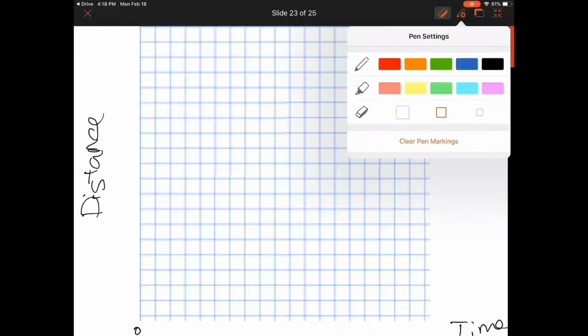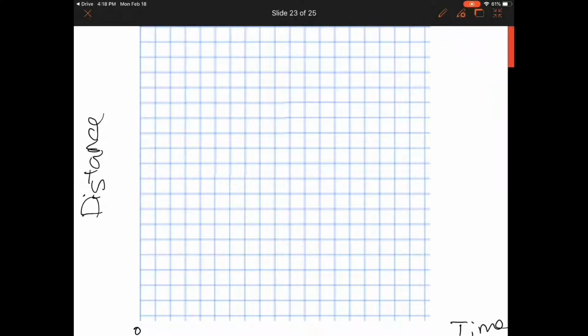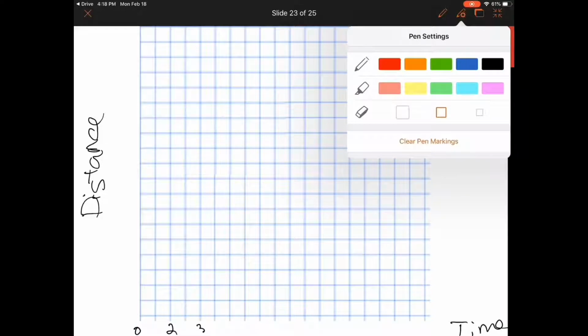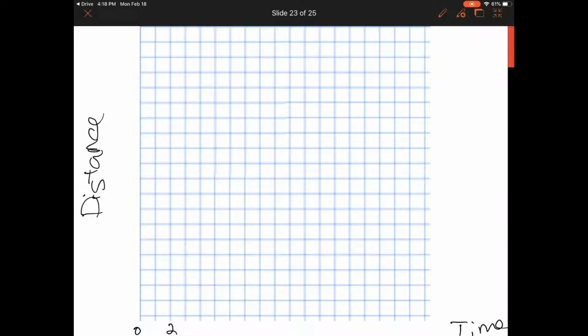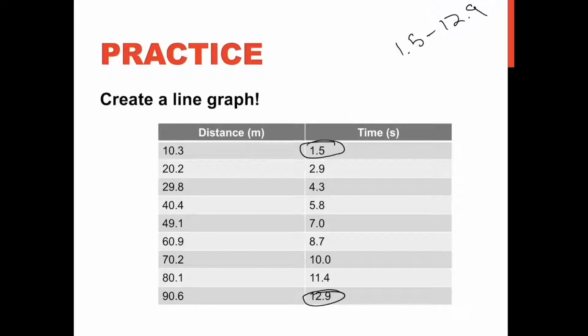Okay, so let's go by ones. Well, that seemed to work. All right, so we have our scale for our x-axis.